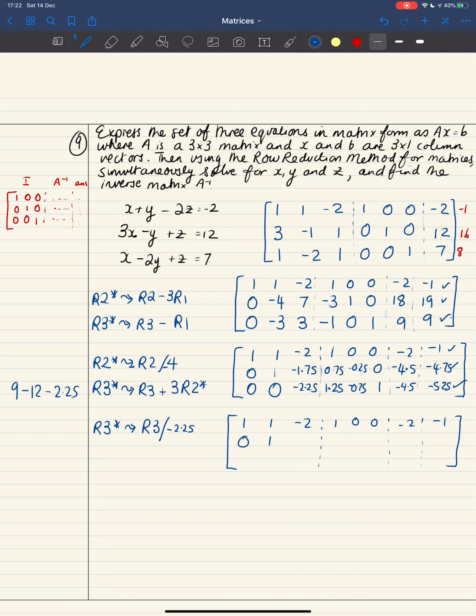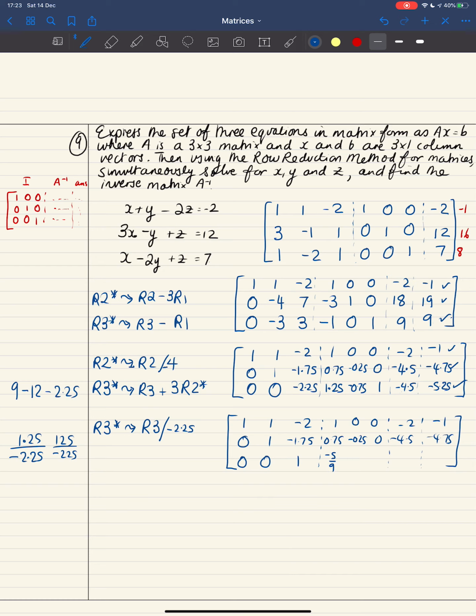That one's going to stay the same as it is. Naught, naught. Right, so that's going to be 1 there. So the next one I've got 1.25 divided by minus 2.25. So that's going to be 125 over minus 225. 5/9.